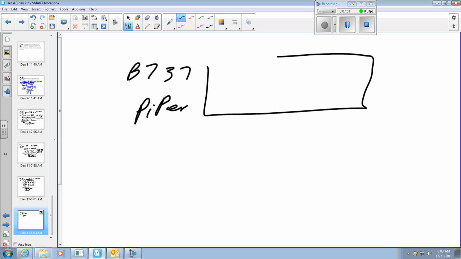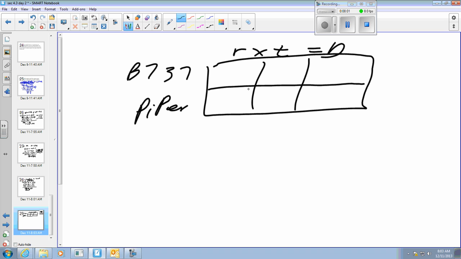Remember, if it's a rate times time equals distance question, we make a table. Rate times time equals distance. And it says the B-57 travels 5 times the speed of the Piper. So if the Piper is x, the B-737 is 5x.